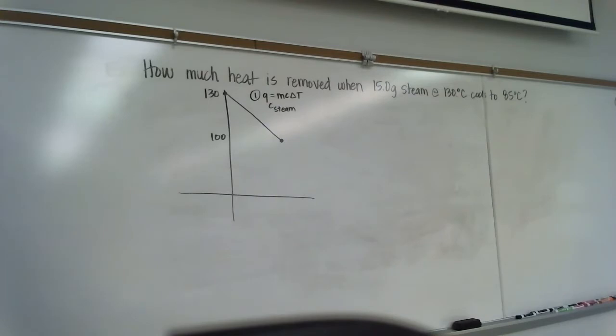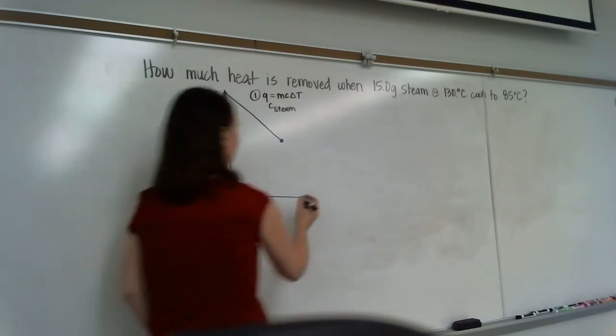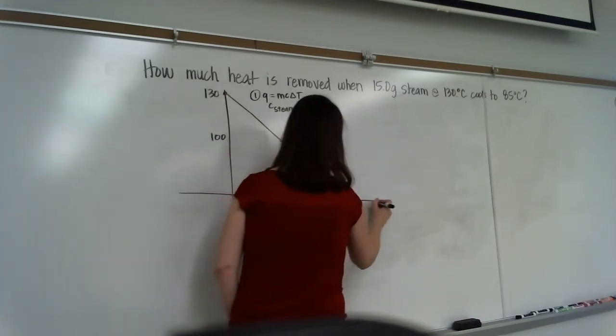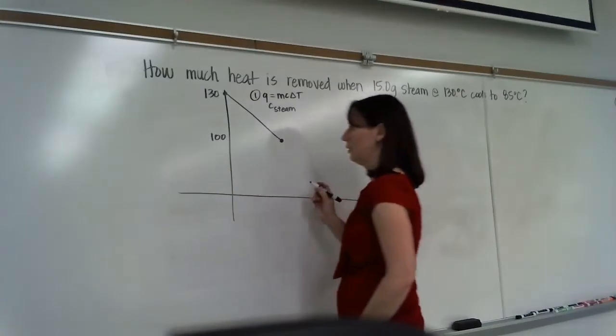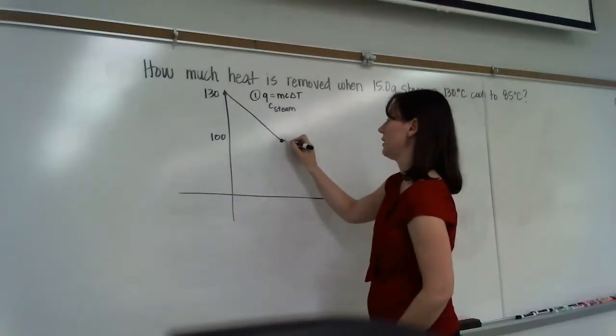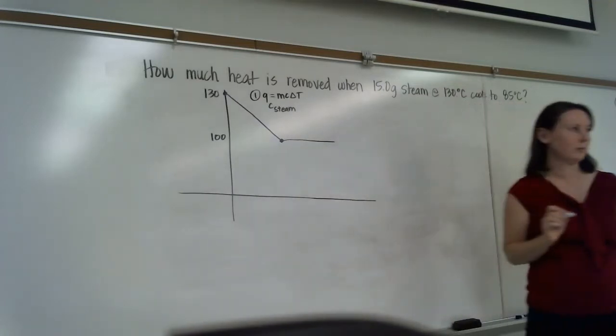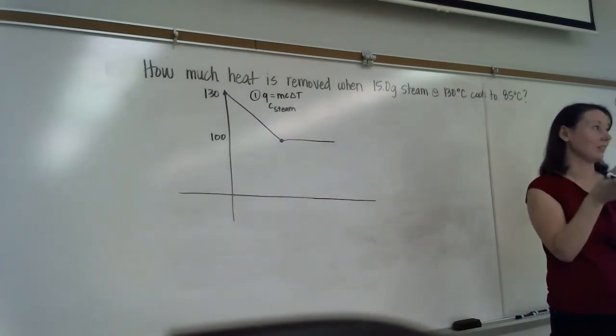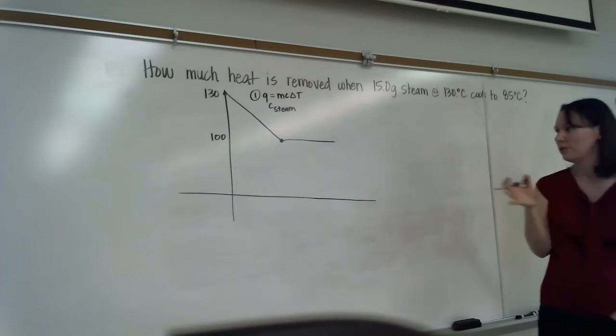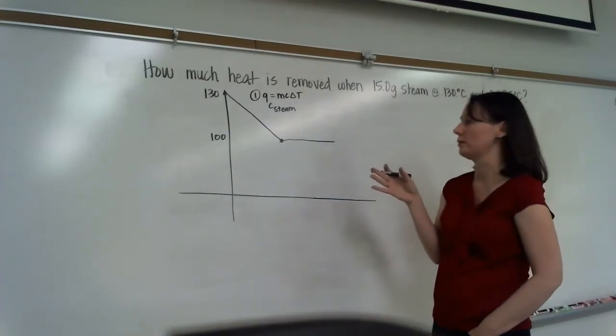Good. Now we're at 100. What's going to occur? Time's going to continue, but what's going to happen to the temperature? It's going to stay constant, right? Because can you change temperature during condensation? Because that's what's occurring, right? Gas to liquid is condensation. So can we change temperature during that phase change?